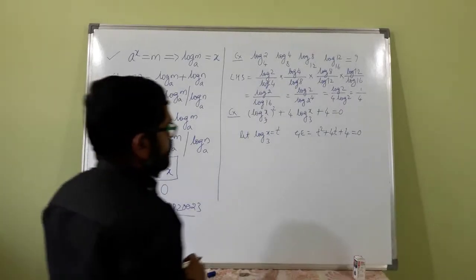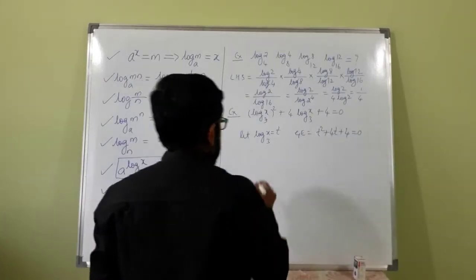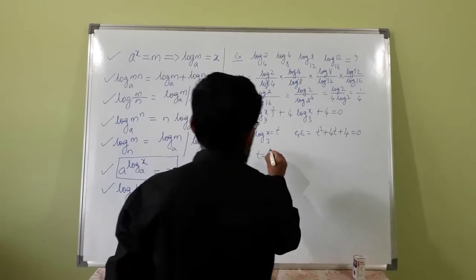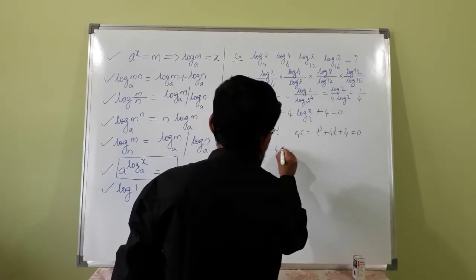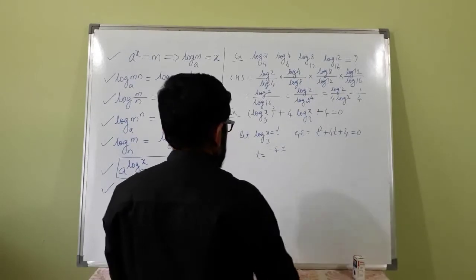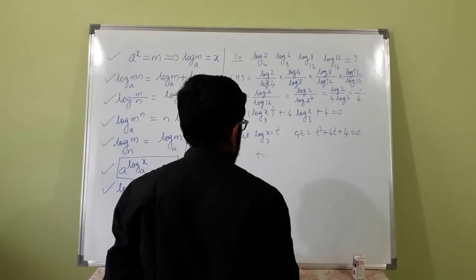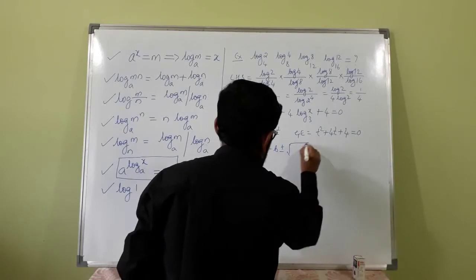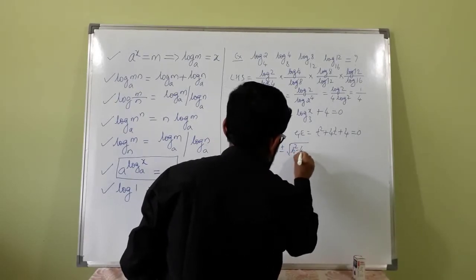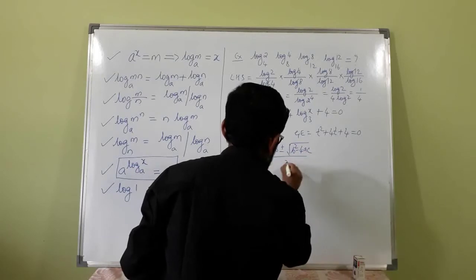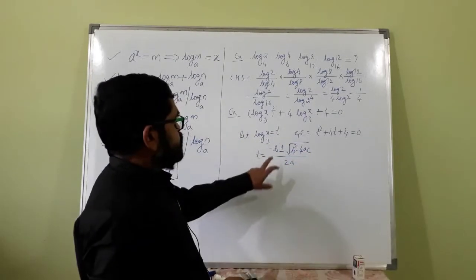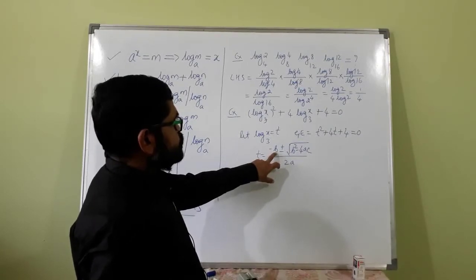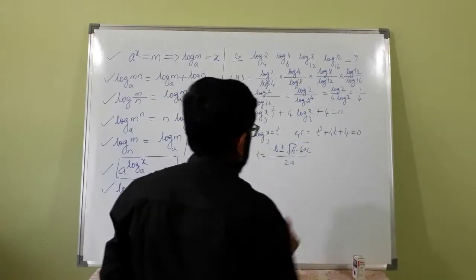Now to find the value of t, you know this, isn't it, t is equal to minus b plus or minus square root of b squared minus 4ac over 2a. Here b is 4, a is 1, c is 4.